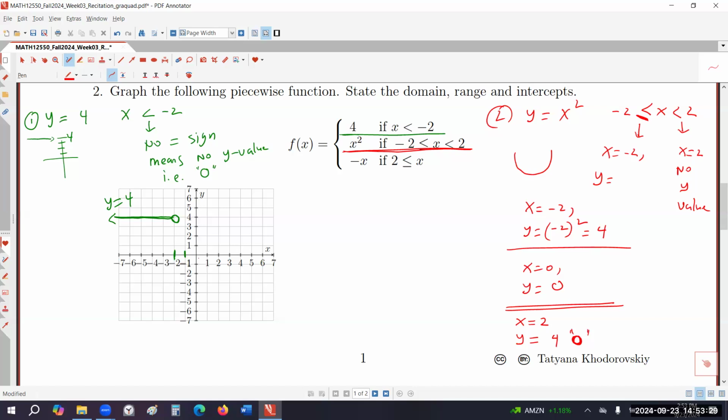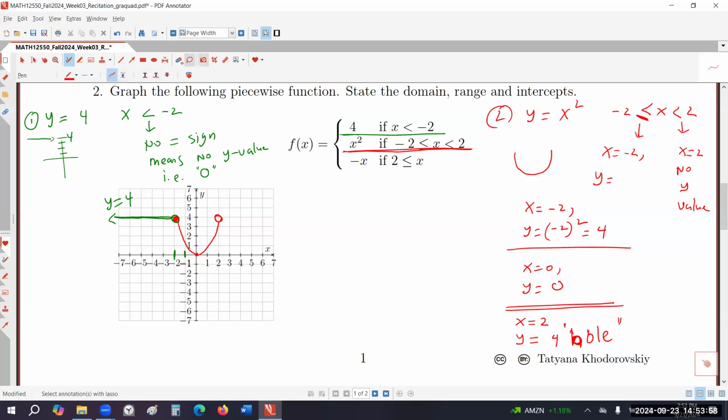Okay, so when x is 0, y is 0, and when x is 2, y should be 4, but we don't have anything, so it's a hole. When x is negative 2, we have a positive 4, then we have a parabola here. When x is 0, we have a 0. When x is 2, we're supposed to have a 4. Let me write hole here so you'll understand.